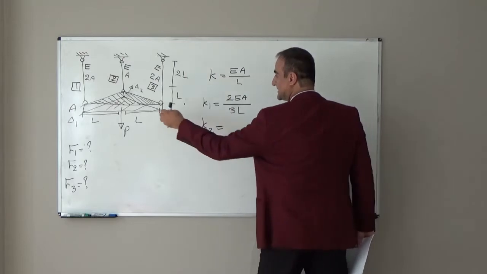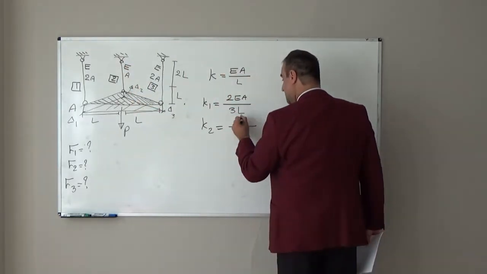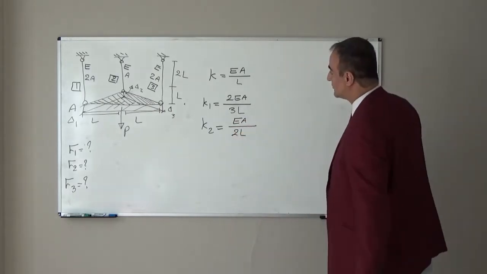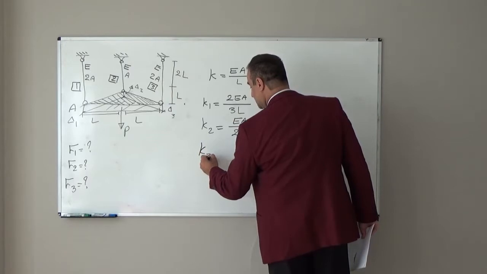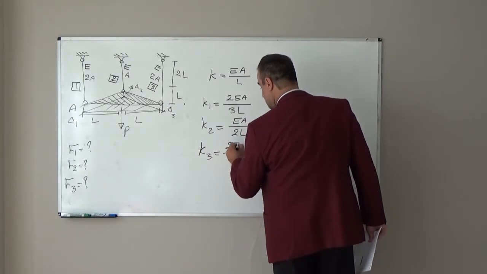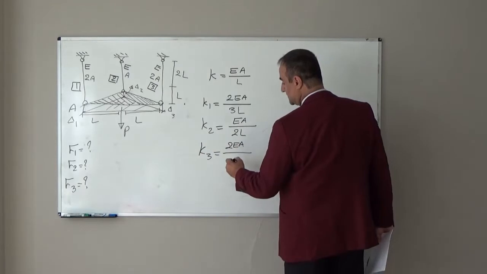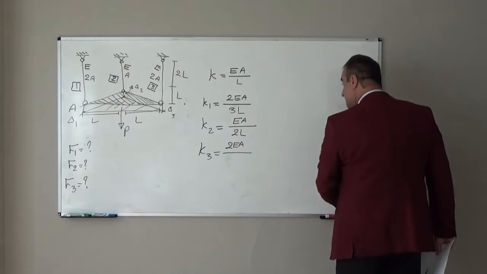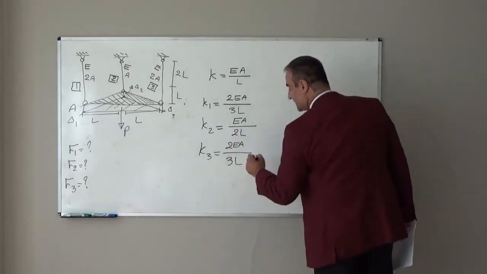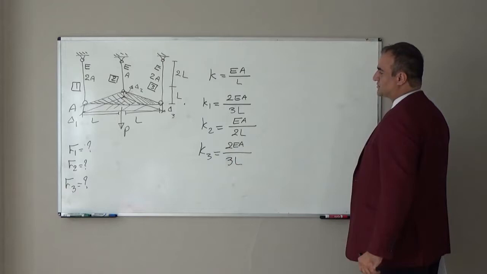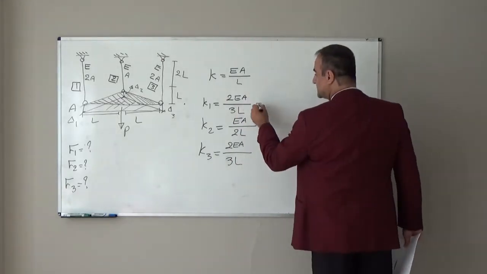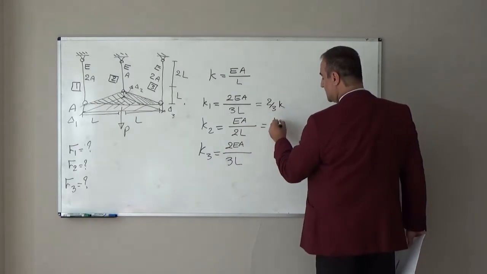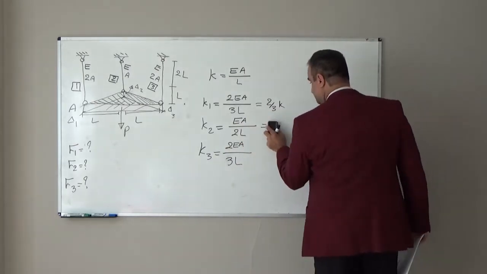K2, the axial stiffness for member 2, will be EA over 2L. Axial stiffness for member 3 will be again 2EA over 3L. So if I assume EA over L is equal to K, this will be 2 over 3 K. This will be K over 2.